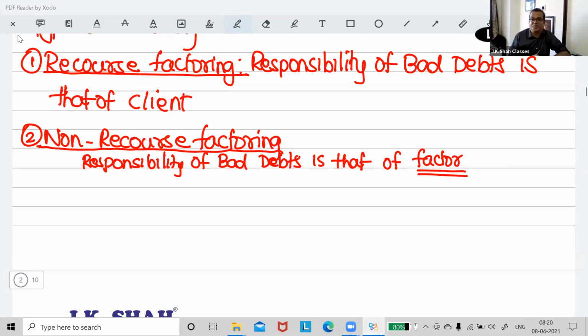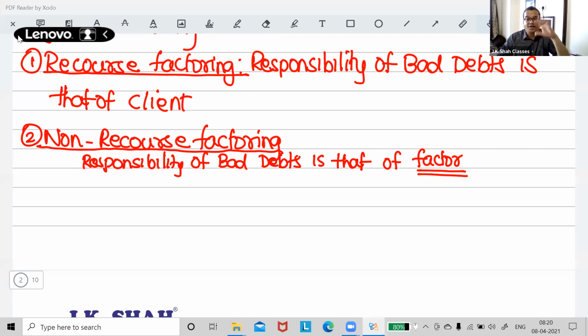Very important, guys. So you hand it over to the factor. You enter into a non-recourse agreement. Later on, bad debts happen. Who will suffer? In the second type of agreement, who will suffer? The factor.